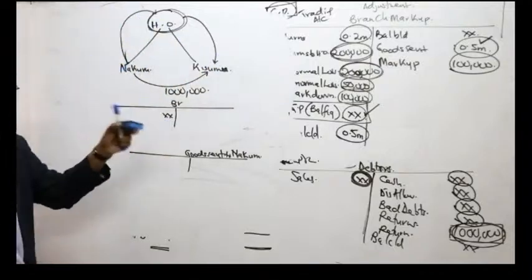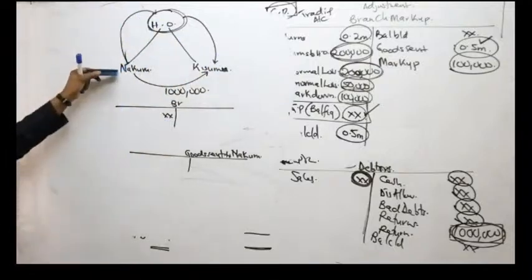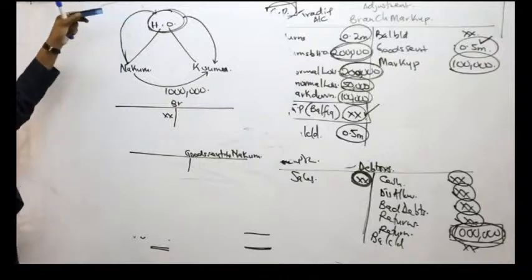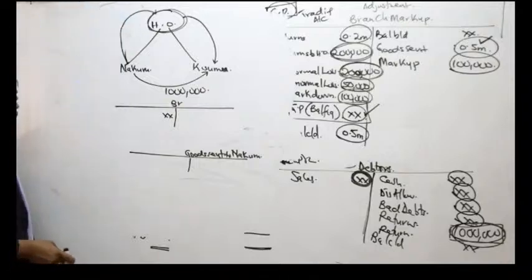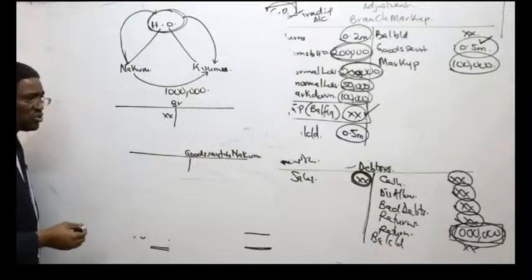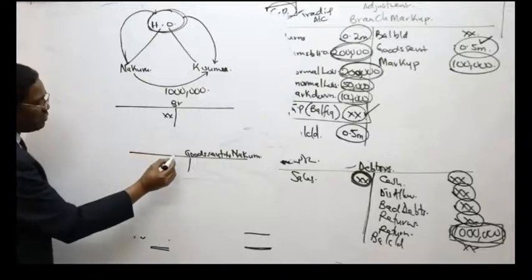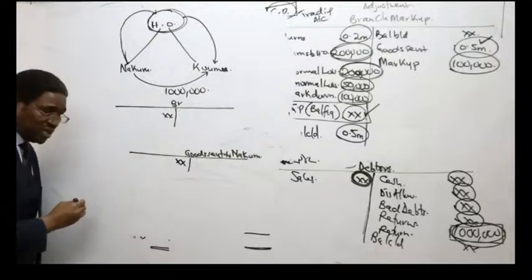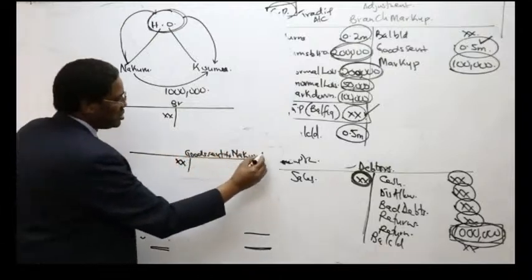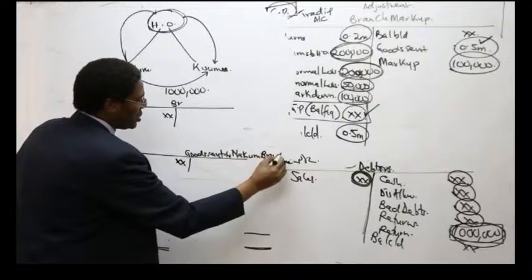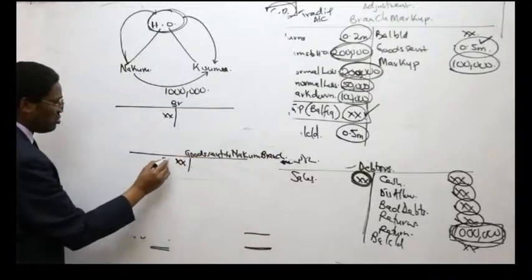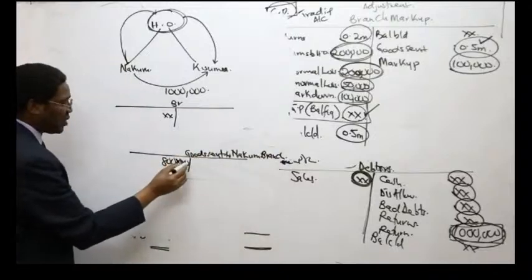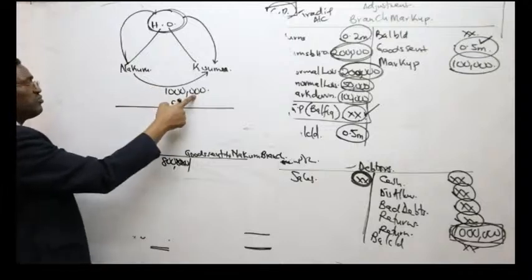So when a branch, assuming it's Nakuru, returns the goods to the head office, you as a head office will debit goods sent to Nakuru branch at cost price, which I'm assuming is 800, because they were instructed to send goods with an invoice price of $1 million.